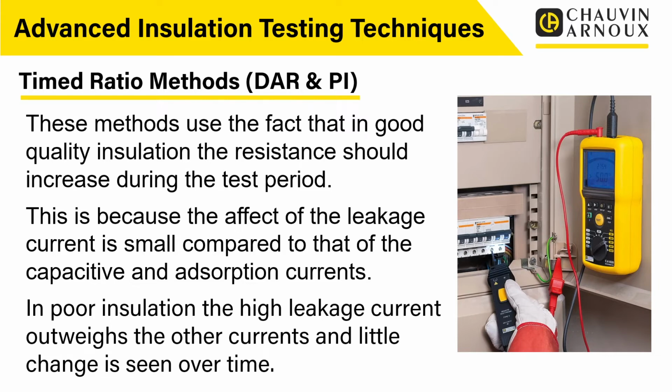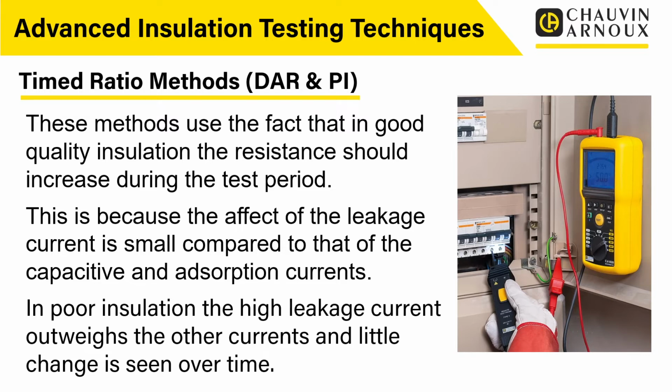This is because the effect of the leakage current is small compared to that of the capacitive and absorption currents. So if you think about this, if our leakage current is small, the effect, or the perceived effect, of capacitive and absorption currents is more, because it's small compared to those.